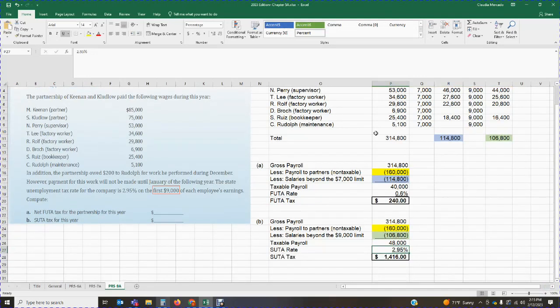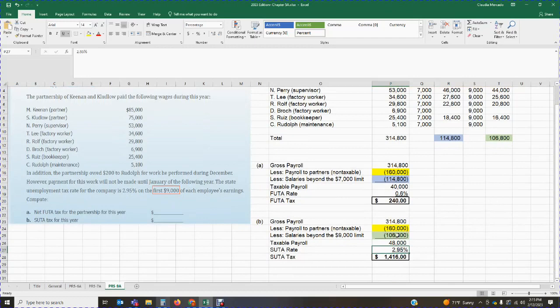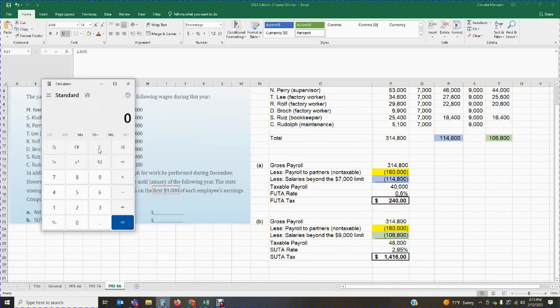So yes, my employees got paid $314,800, but we are only responsible to pay state unemployment taxes on the first $9,000 of earnings. So $106,800 will not be taxable. And that gives you a balance of $48,000. We're going to multiply the $48,000 by my SUTA rate.